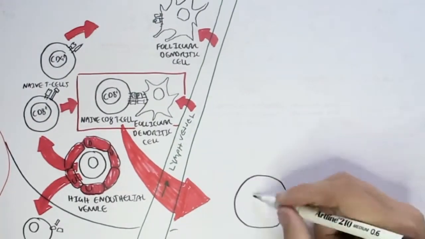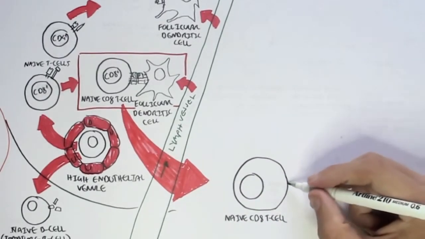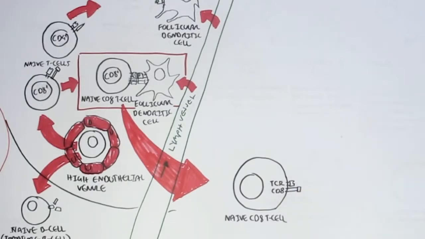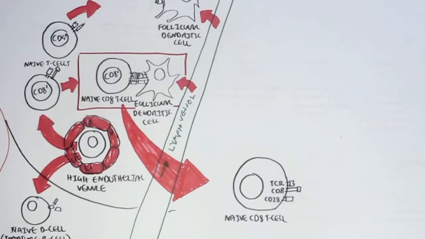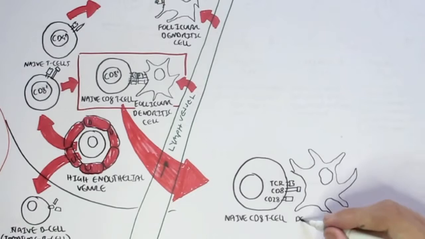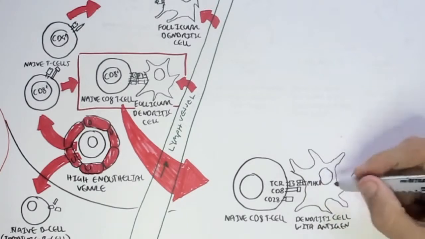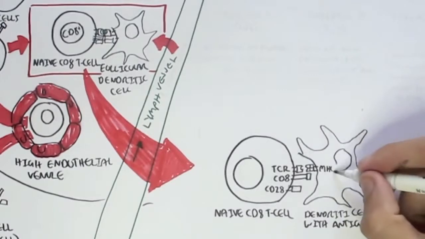So here we have the naive CD8 T cell. Let's look at some receptors and co-receptors that are important in the activation process. For the naive CD8 T cell, we have the TCR, which is the T cell receptor, the CD8 co-receptor, and the CD28 receptor. The dendritic cell presents the antigen with an MHC class 1 complex, and it also has a B7 receptor.